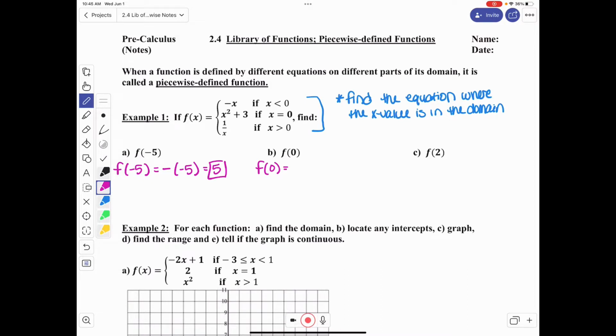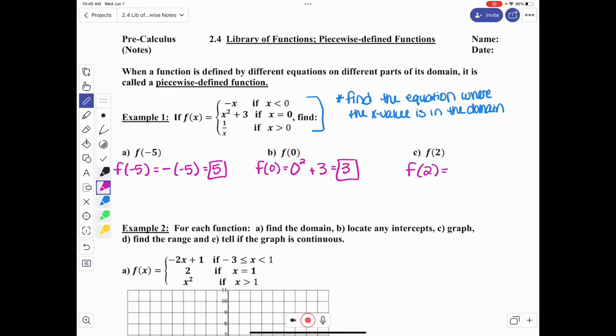Is 0 equal to 0? Or is 0 greater than 0? Well, obviously 0 is equal to 0. So we're going to plug it in here. So we have 0 squared plus 3. Well, 0 squared is 0 plus 3 equals 3. And that's our answer.